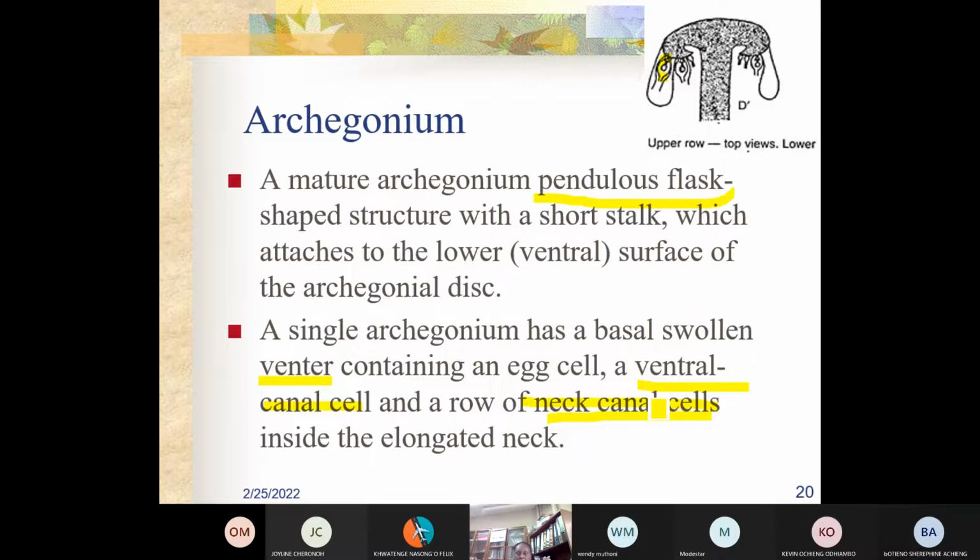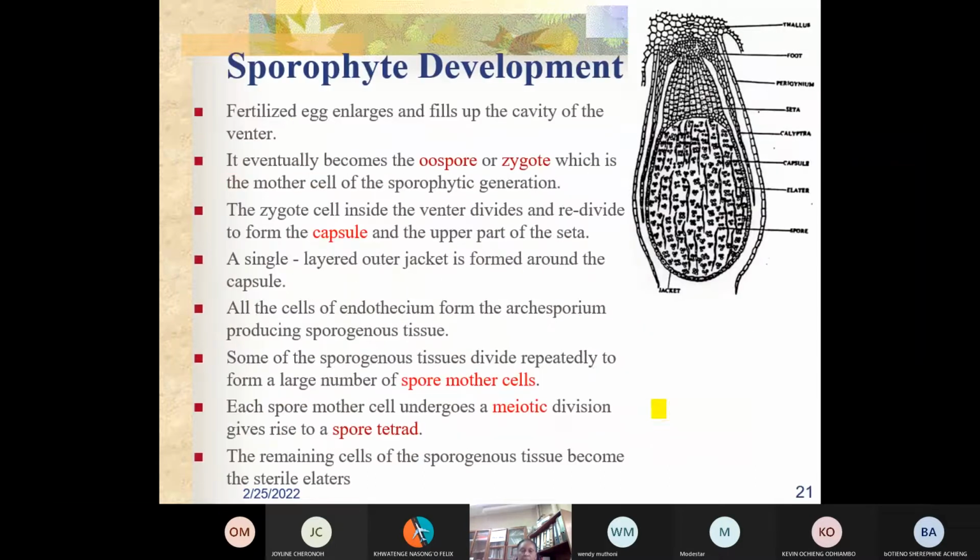And the ventral canal becomes open. So then fertilization, of course, will take place, and you get back what we call the egg, the zygote. You get the zygote, which then develops into an embryo sporophyte. So the zygote becomes the embryo sporophyte, so it will develop within here.